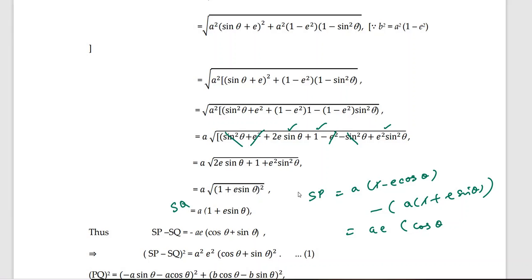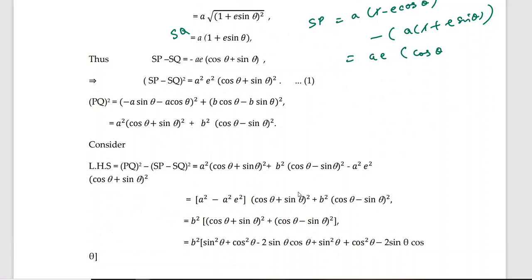This is SP minus SQ. So you have cos theta minus sin theta the whole square.